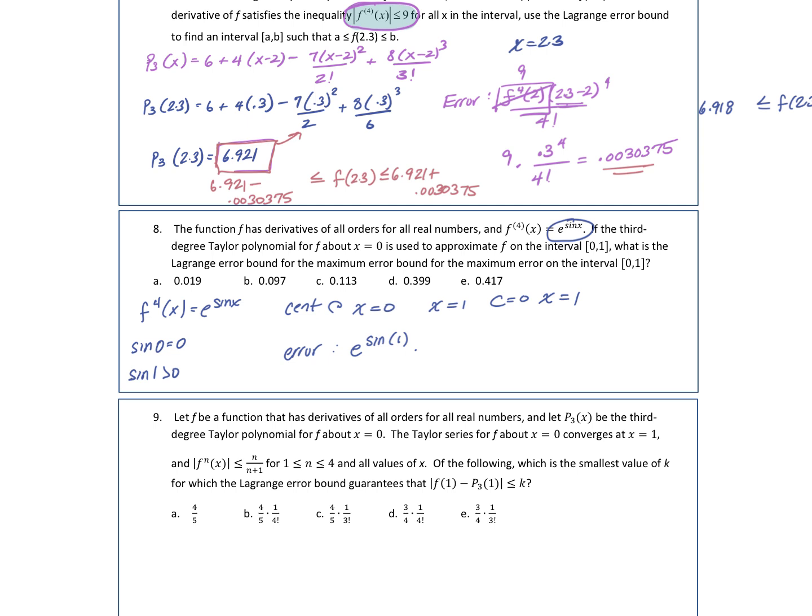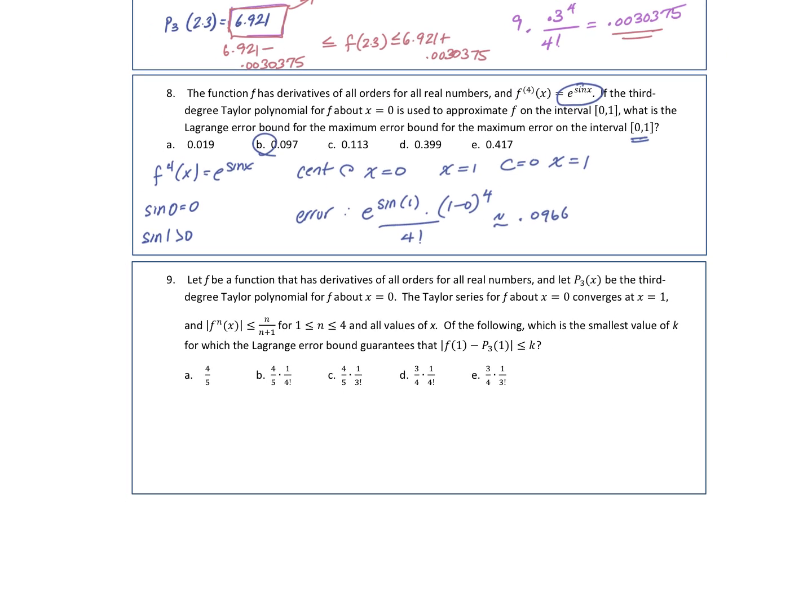Then it's x, so x is 1. It's not explicitly given here, but if the center is 0, and we're going from 0 to 1, the x value is 1. So we get 1 minus 0 to the 4th power over 4 factorial. You can plug this into your calculator, and this would give you about 0.0966, which would be B.